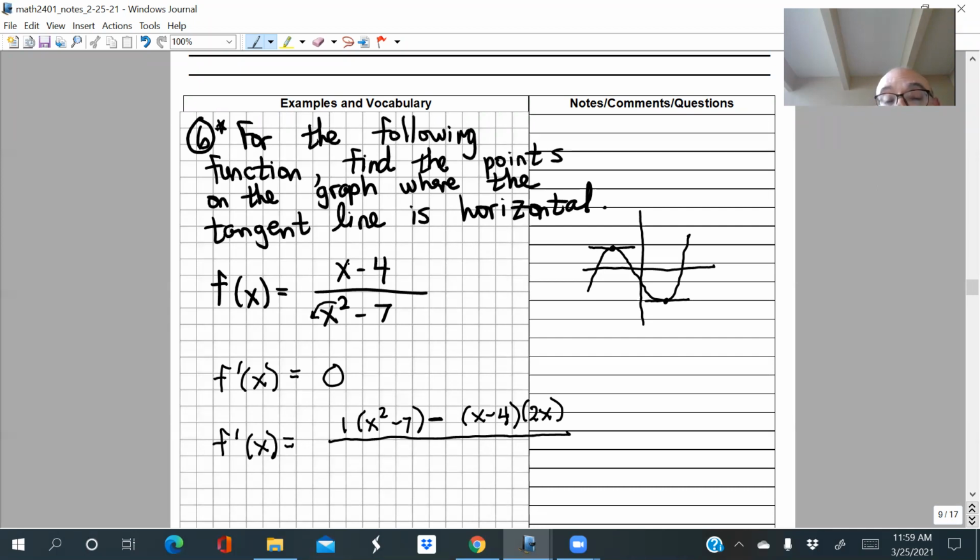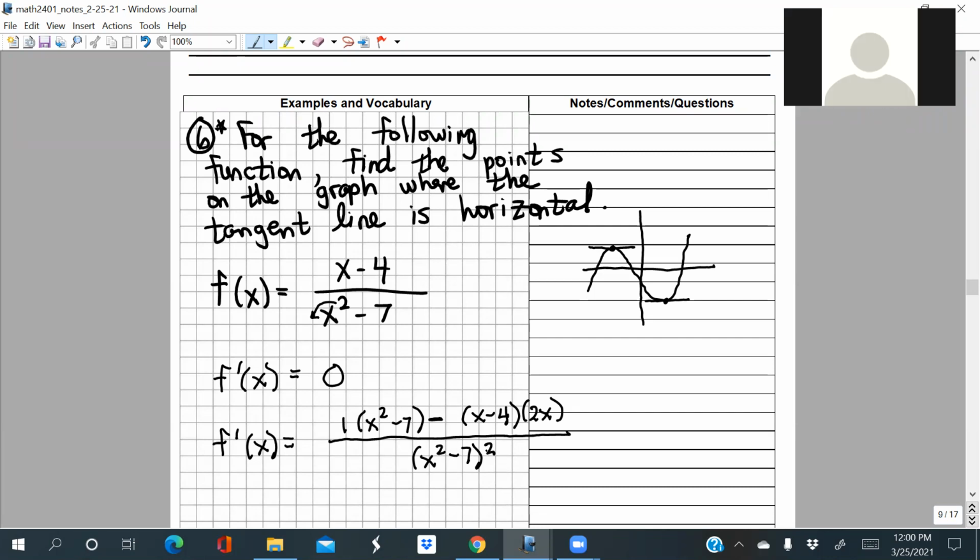So in the quotient rule, when you're finding the derivative of the quotient, that's what you put into the top. And then what goes in the bottom here? It's always the original bottom, which is x squared minus 7, and then you have to square that. So you take the denominator and then you square it. So this is what the derivative is going to end up looking like.